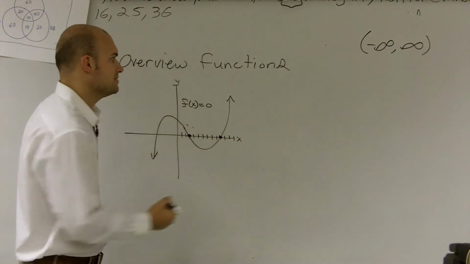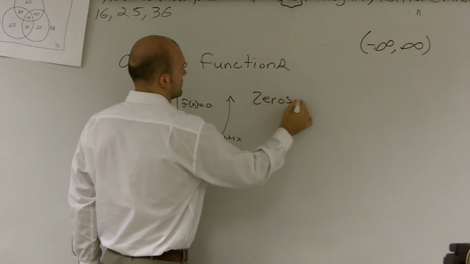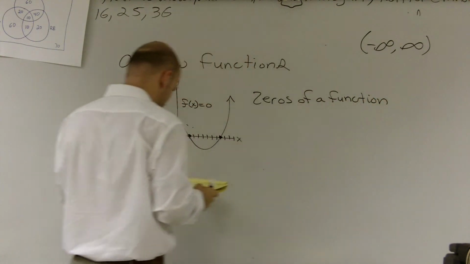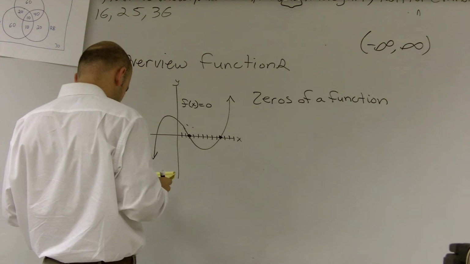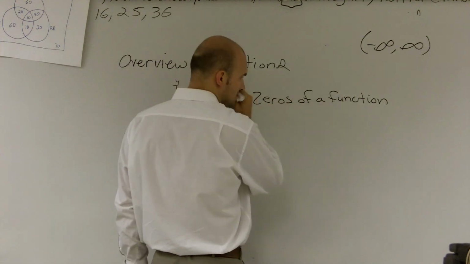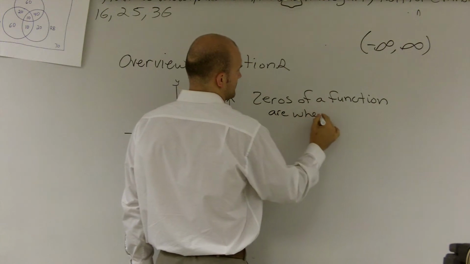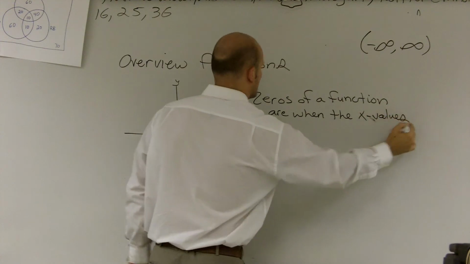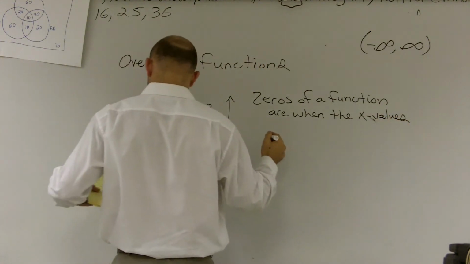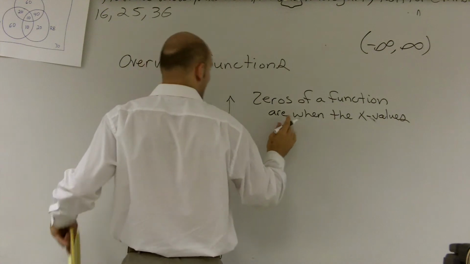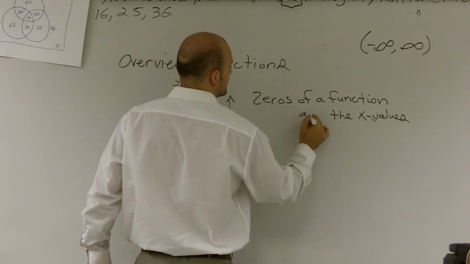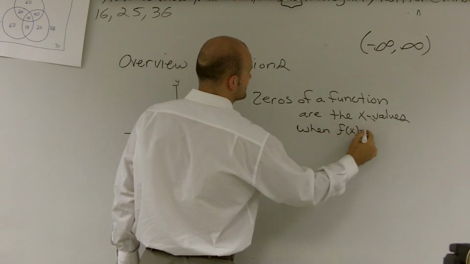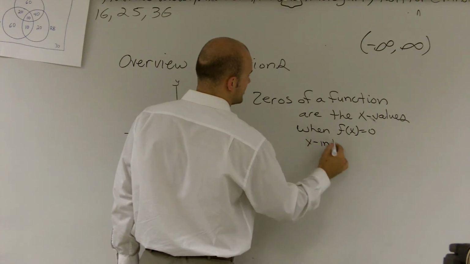So the zeros of the function are the x values when f of x equals 0, or what we also like to call the x-intercepts.